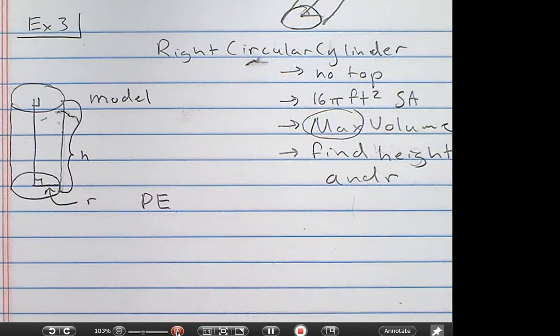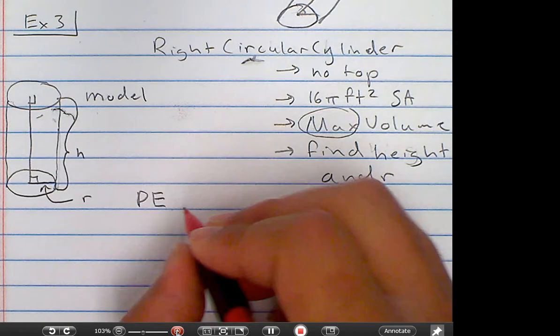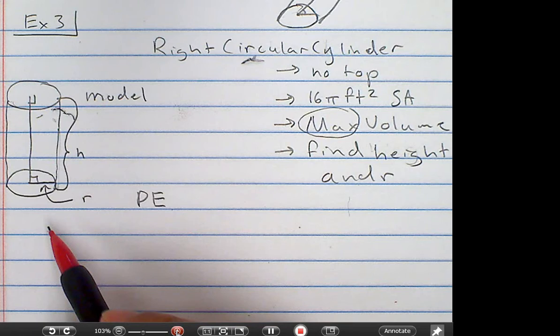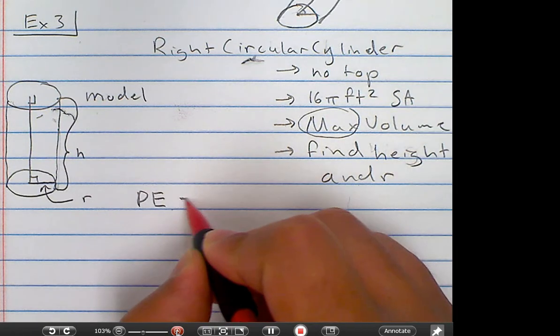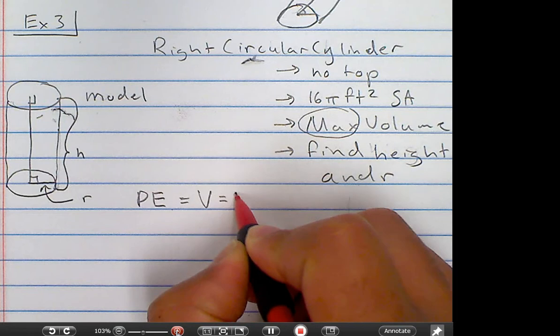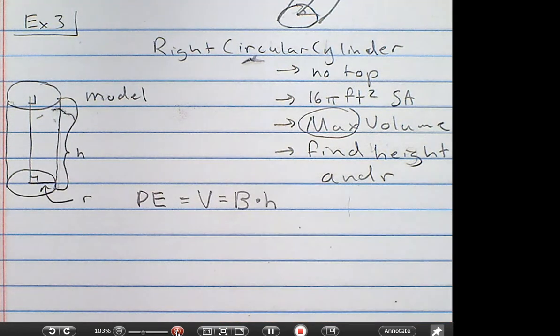The volume equation is simply for any prism. This is a prism. Any prism's volume is the big base times the height. What is big base talking about? It's talking about the area of the base.